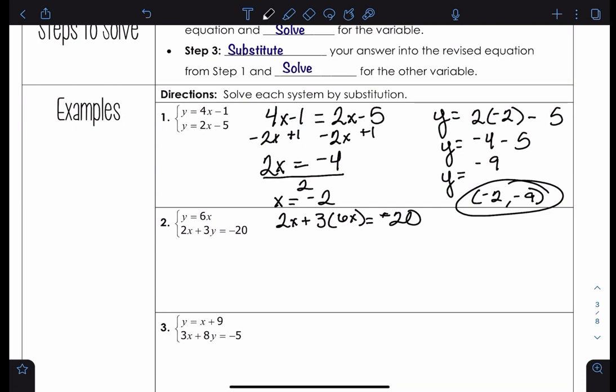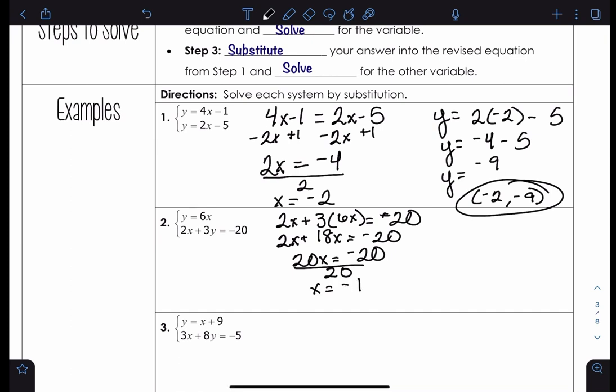We're then just going to solve this out, so 2x plus 18x equals negative 20, which then is 20x equals negative 20, meaning that x equals negative 1.